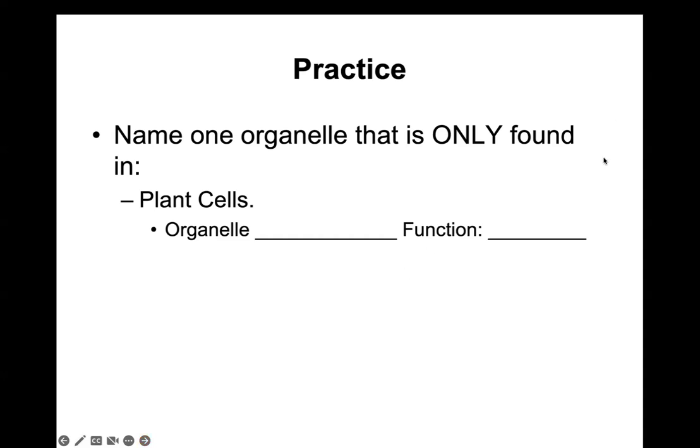No one else is sure? Yep. Good, Michael. Chloroplast is definitely one of them. So they are the site of photosynthesis. The second one I would accept is a central vacuole. Okay, there is also other types of vacuoles, but they're not central vacuoles. Those are specific to plant cells. So that would be the second one I take.